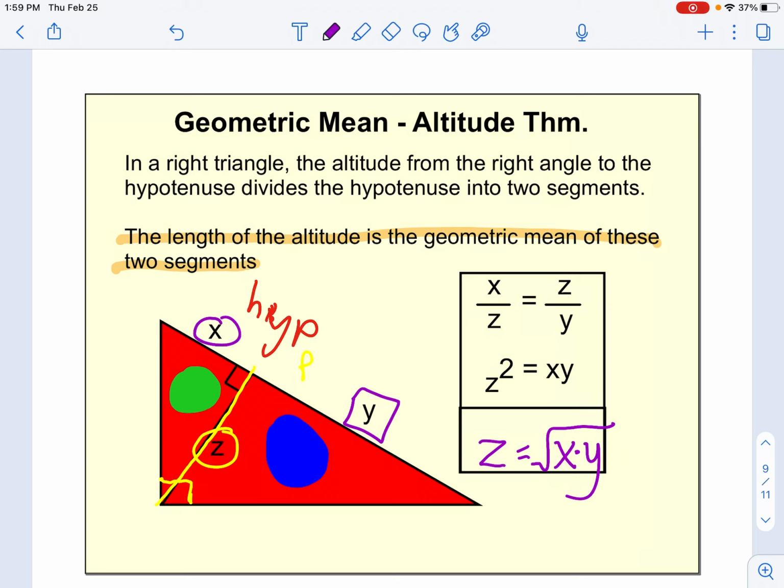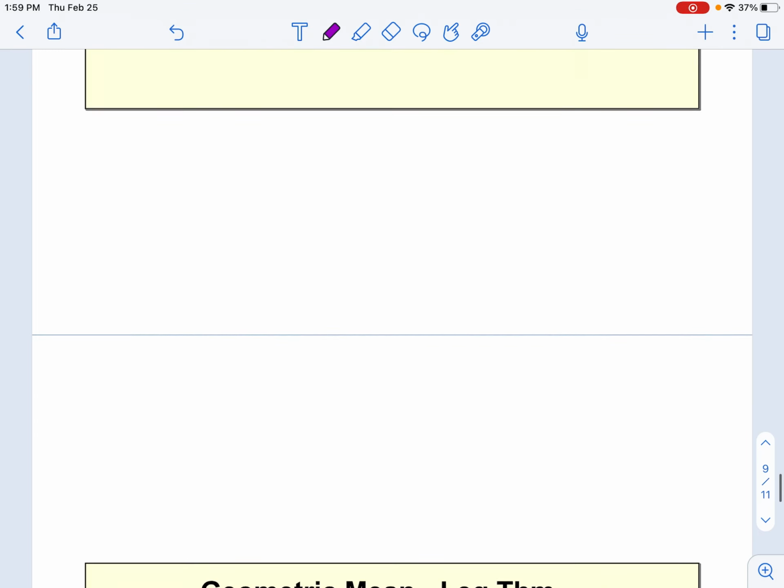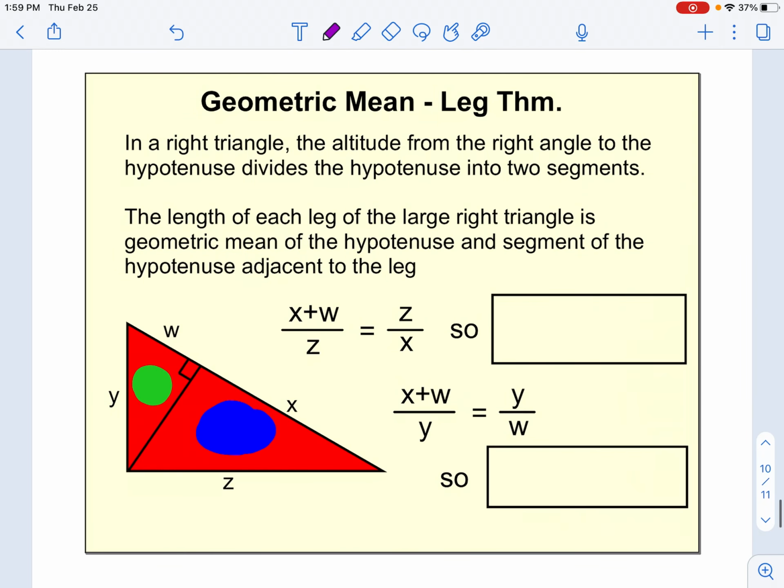The second theorem is the geometric mean leg theorem. In a right triangle with this altitude, I'm going to state this again.